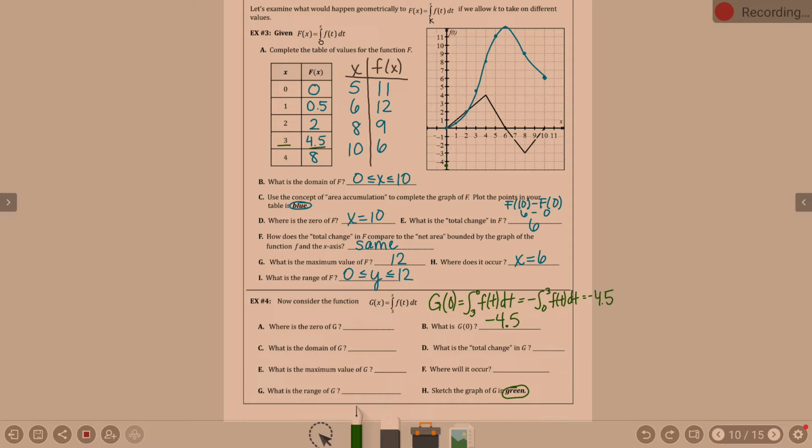Now, if we back up to a, my brain wasn't in the right spot yesterday. I didn't have the easy way to teach a in my brain. It all of a sudden clicked. So it says, what is the 0? When we talk about the 0, we want to know where it crosses the x-axis, right? And where it crosses the x-axis means when is your y value 0? When is this integral going to equal 0?